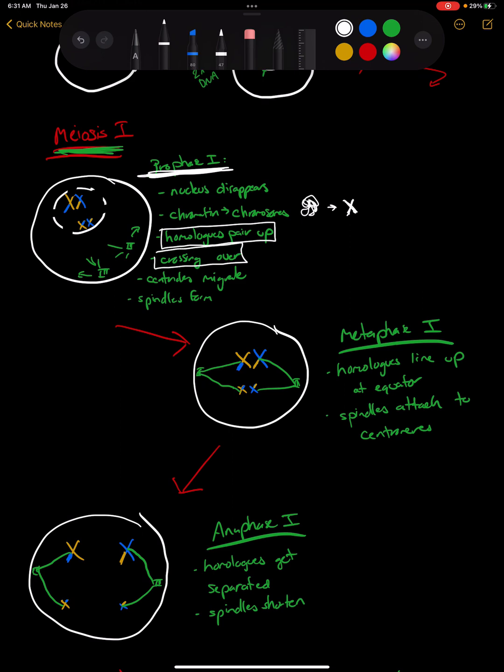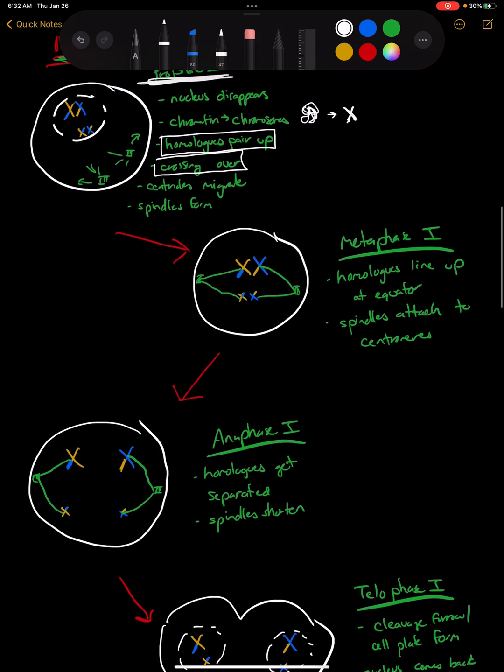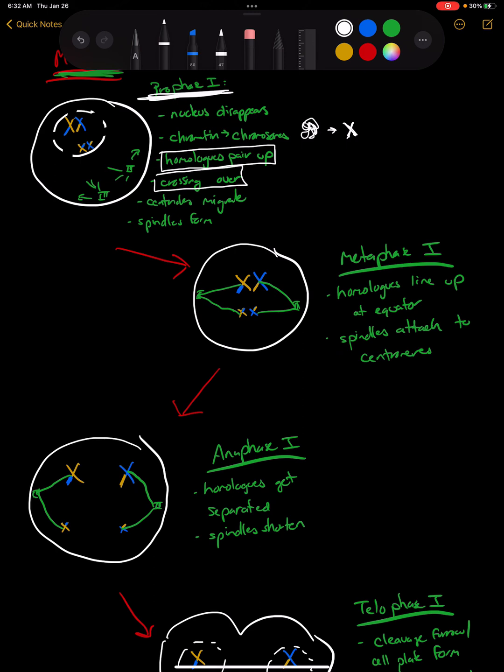If you notice, my big yellow X has a little bit of blue, and my big blue X has a little bit of yellow. Same thing for my little X's. So I have crossing over, and I just increased genetic diversity. And then, of course, the rest of the stuff happens: centrioles migrate, spindles form.